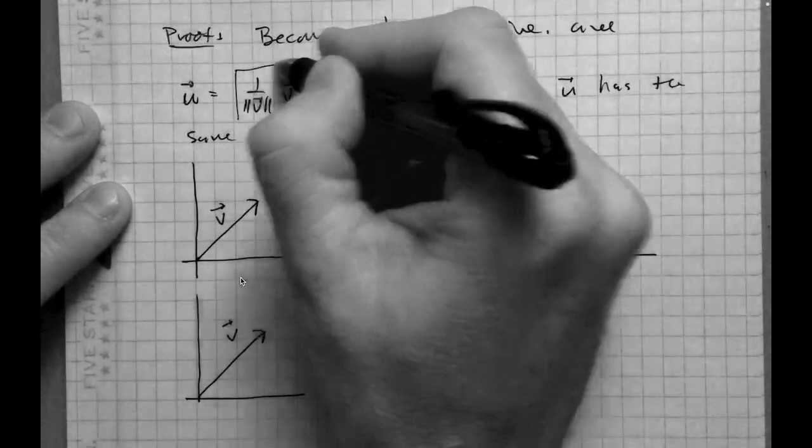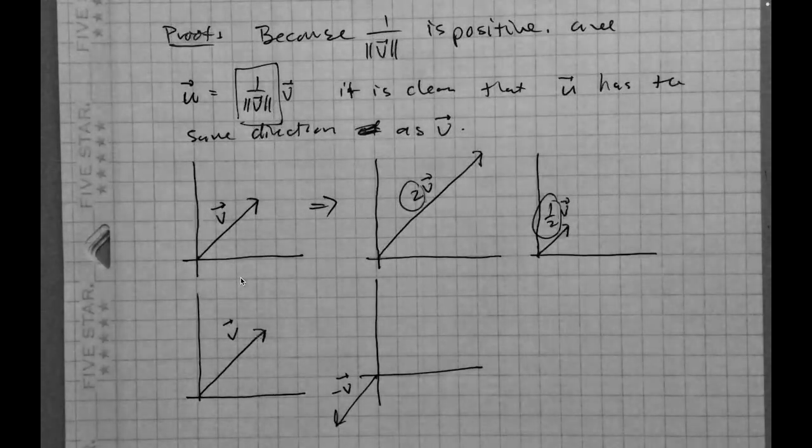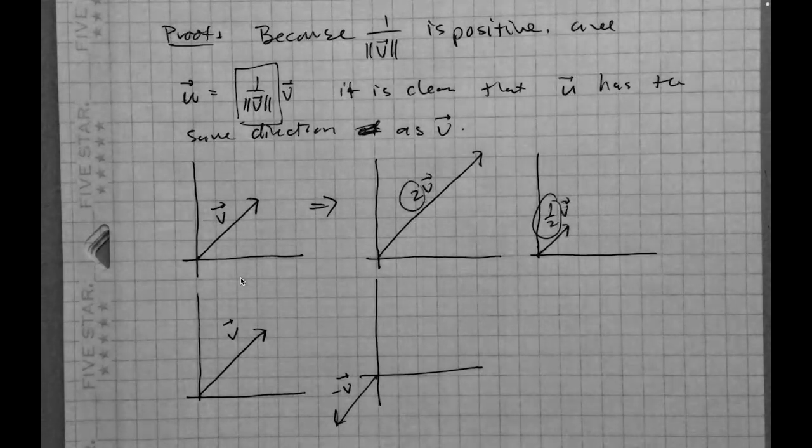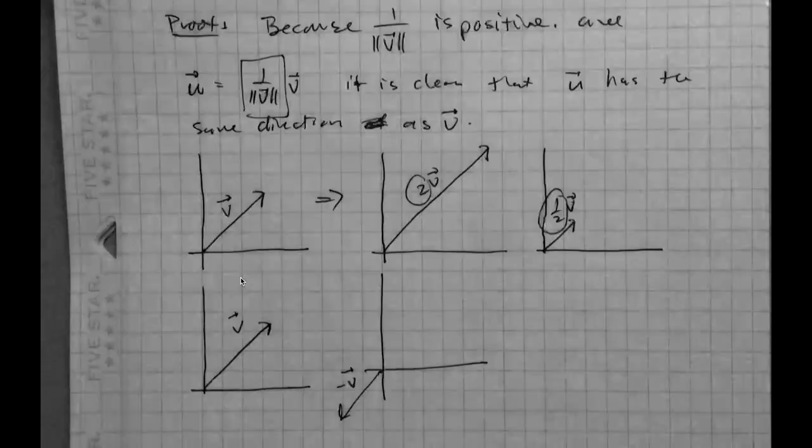This 1 over the norm of v is a positive number. If the norm of v is greater than 1, then this will shorten the vector. If the norm of v is less than 1, then this scalar will lengthen the vector. But in both cases, the scalar, 1 over the norm of v, is positive, so it's not going to impact the direction. So u and v will have the same direction under this procedure.